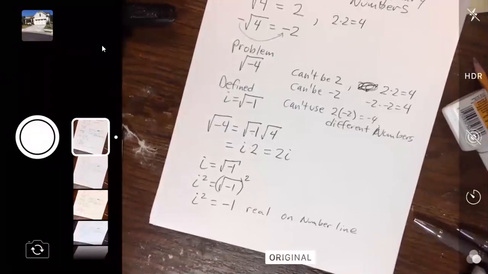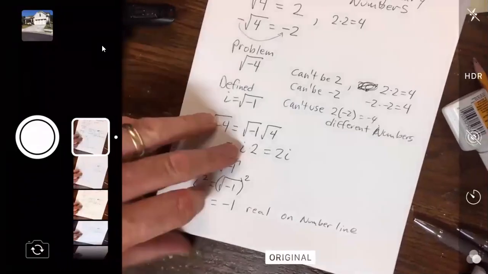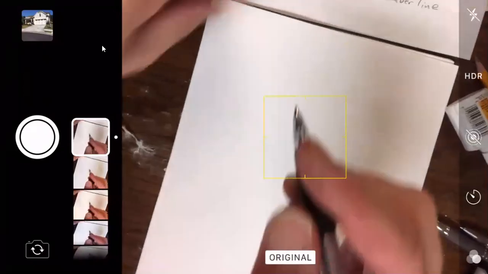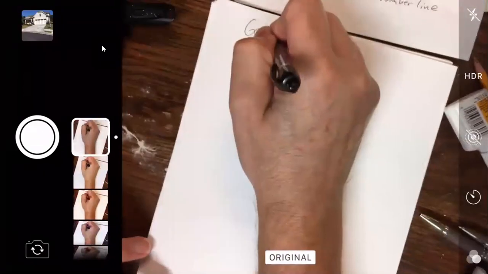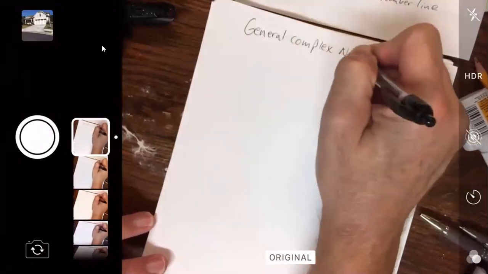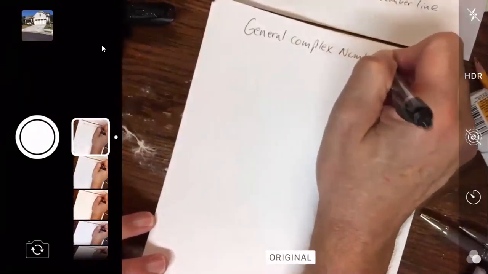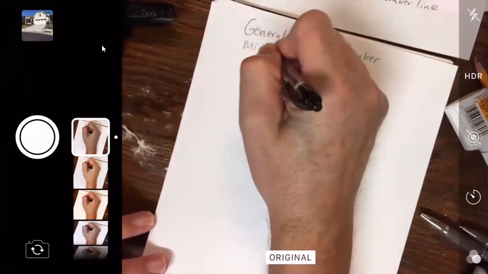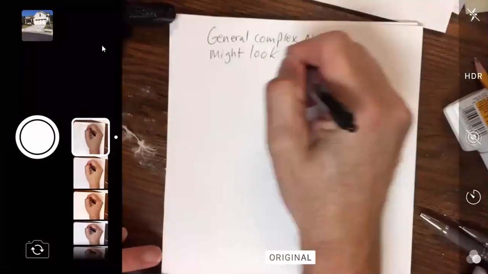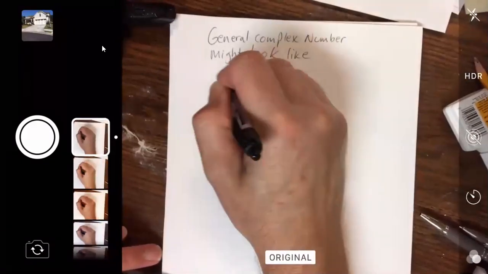Okay. So your general complex number might look like 2 plus 3i.